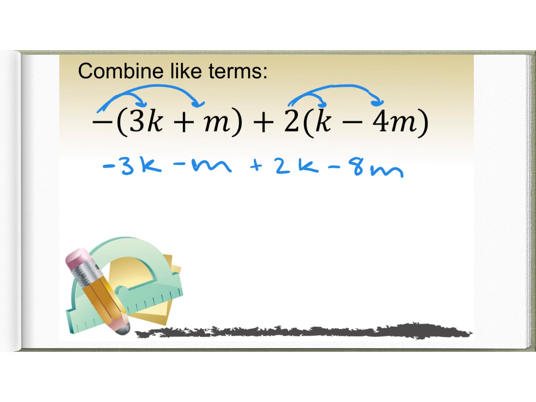Do I have any like terms with negative 3k? 2k. So it's negative 3k plus 2k. Negative k. Alright, and then next I have negative n. Do I have any like terms with negative n?